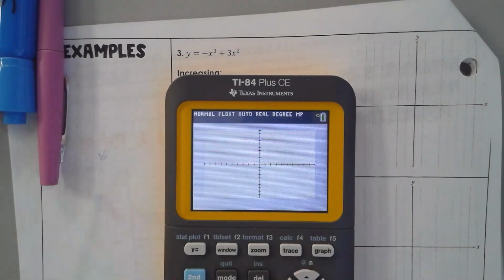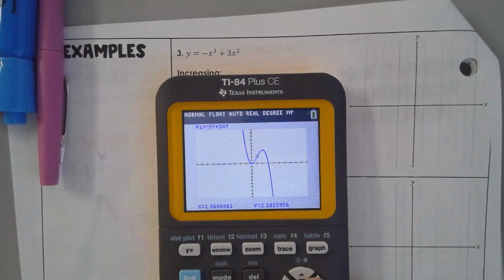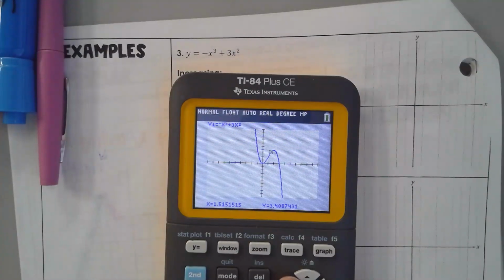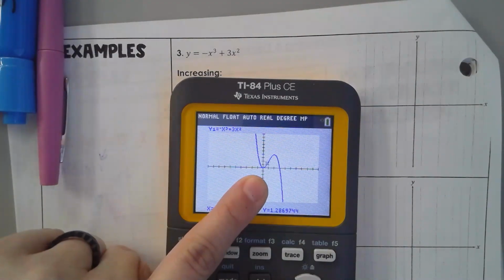Then you can hit graph to see the graph. When I hit the trace button, it's going to put my cursor somewhere on the line, and I can use my left and right arrows to trace along the graph. What I want is this minimum point.